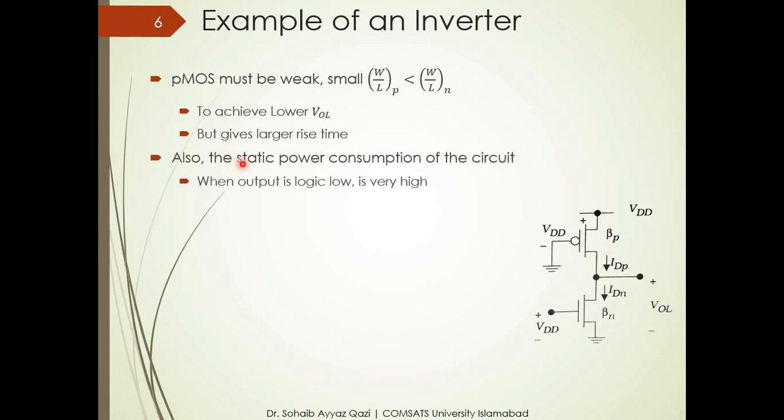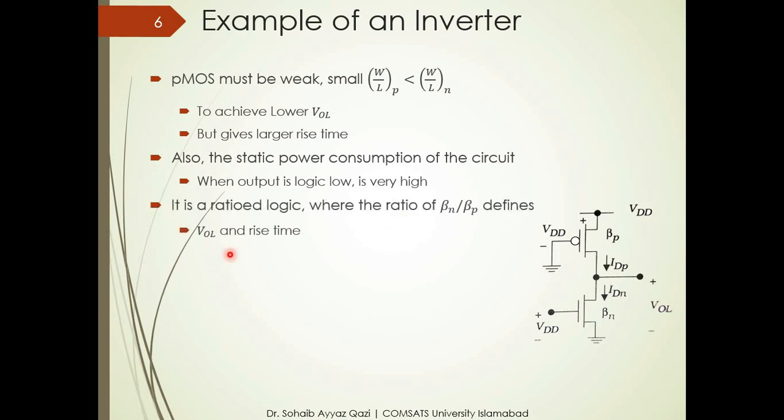And another drawback of this technique is that the static power consumption of the circuit is very high, because when our nMOS is conducting, there is a direct path between VDD and ground, so the current is higher. If the current is higher, obviously the power consumption will increase.